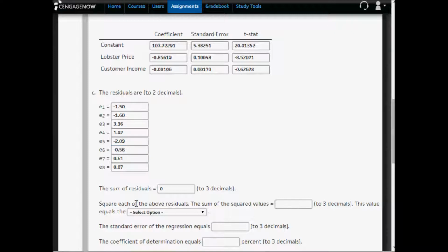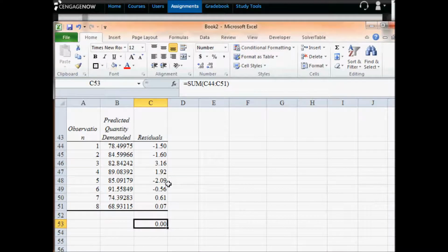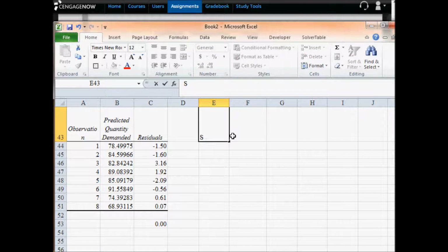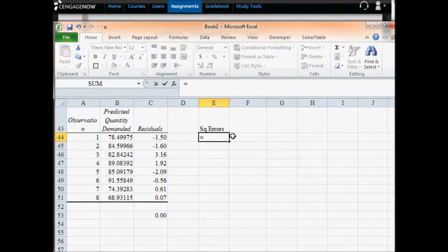Now, I want you to square each of the above residuals. So we're going to square these in Excel. We'll call them squared errors. To square it, hit equal and then C44, because that particular residual is in cell C44.